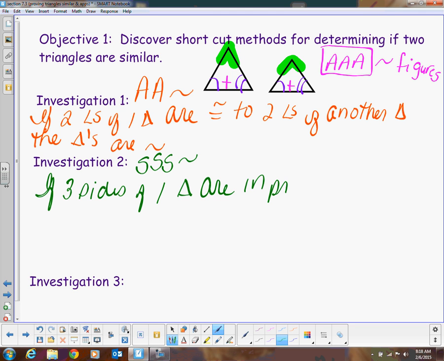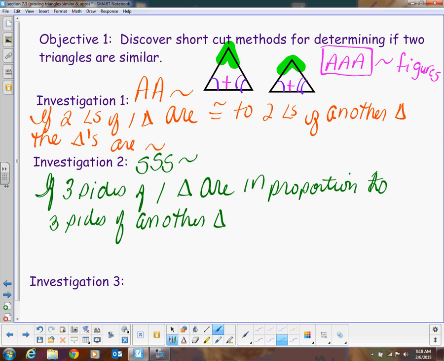In proportion to 3 sides of another triangle, then the triangles are similar. So with side, side, side, we need to know nothing about the angles. The angles will automatically be congruent.